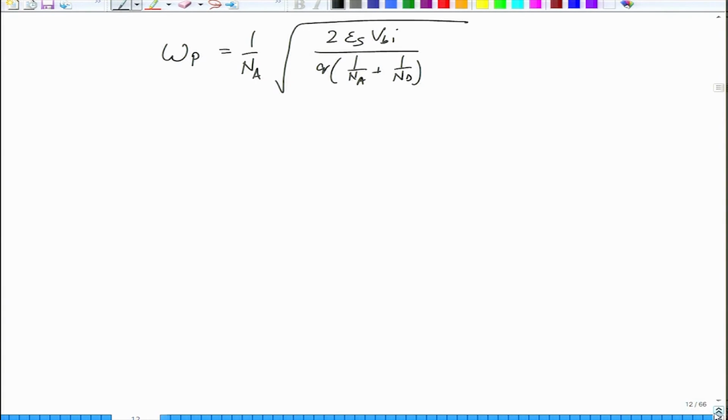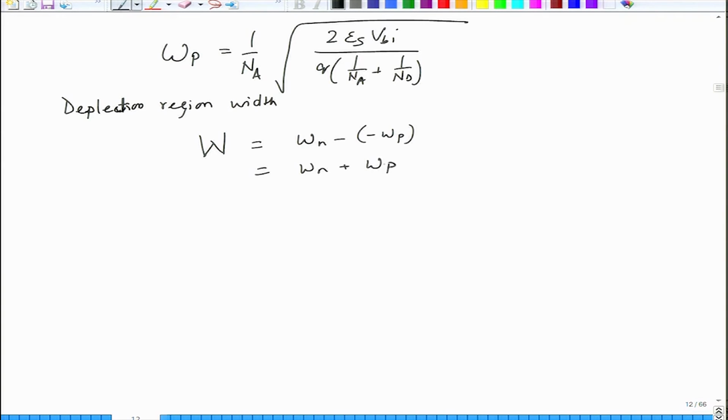So, we have got two expressions for Wn and Wp. So, we know that capital W is the depletion region width. W is equal to Wn minus of minus Wp, all right. So, basically it is Wn plus Wp.